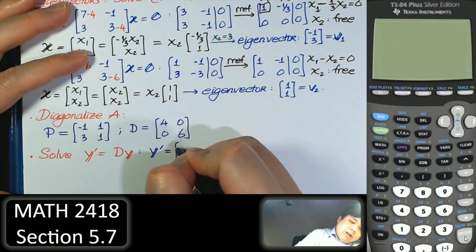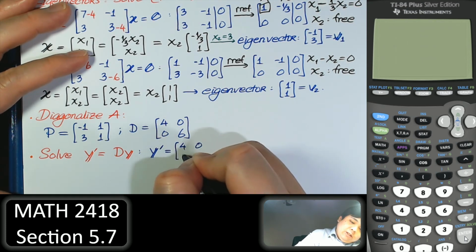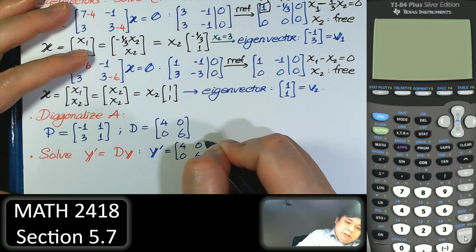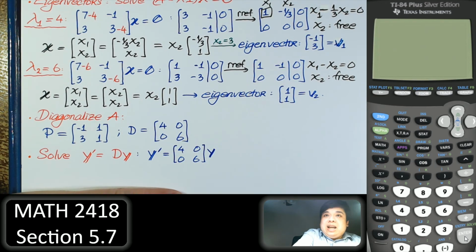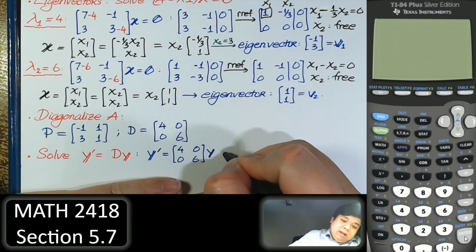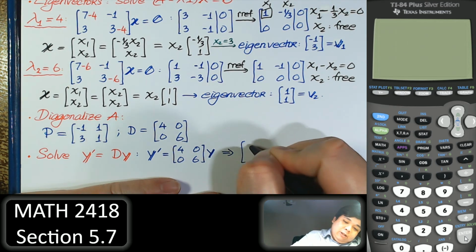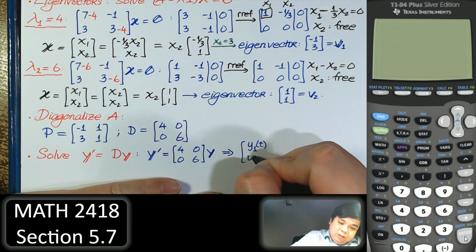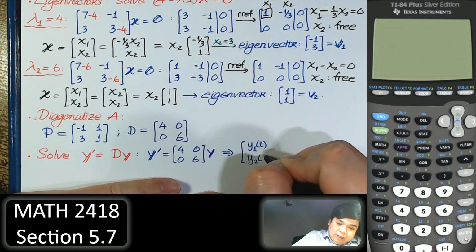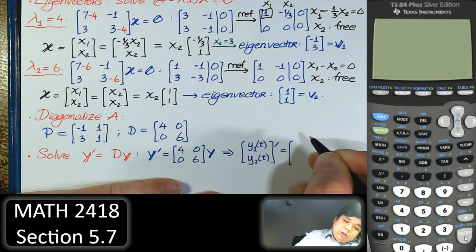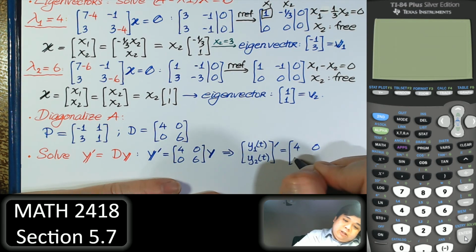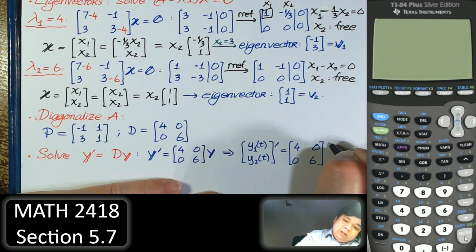Equal to DY. Now this is easy, like the first example we have. So we just say y1(t), y2(t) derivative equal to 4, 0, 0, 6, times y1(t), y2(t).